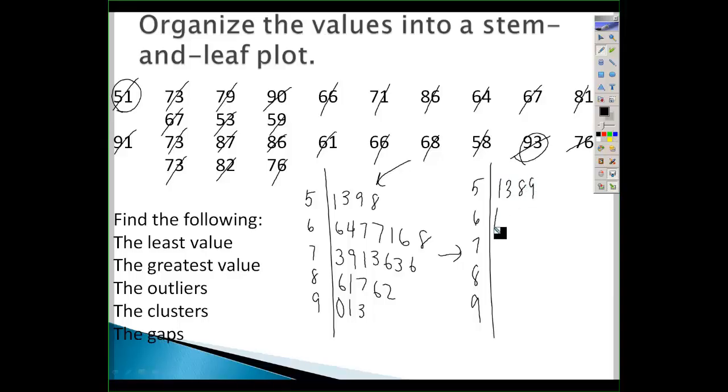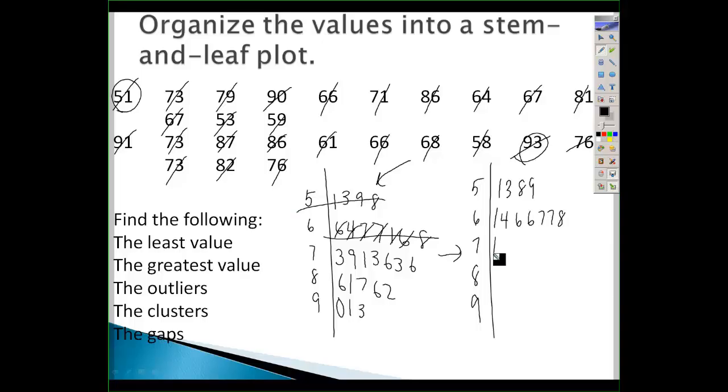And in my 6s, I'm going to go 1, 4, 6, 6, 7, 7, 8. So I've got that one out of the way. And now my 7s.